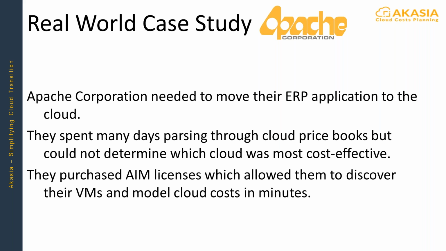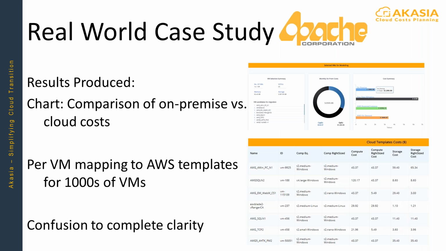And then the other being that Amazon had many services that were particularly suited for his ERP application. So even though he wasn't thinking about Amazon to begin with, after using AIM, he thought that Amazon could be a good solution.